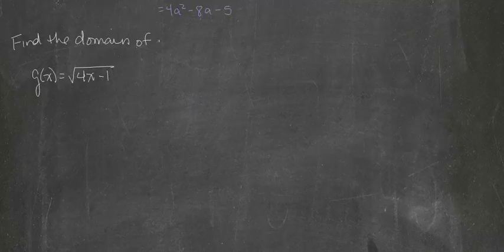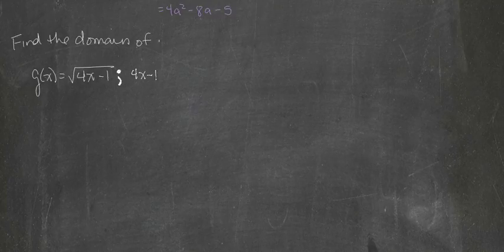So we need to make sure that the values created by 4x minus 1 are equal to or greater than 0. So we want to say, this is a big fat semicolon, which to me says, Mayday, Mayday, you've got to pay attention here. 4x minus 1, these values have to be greater than or equal to 0 because you're allowed to have a square root of 0.